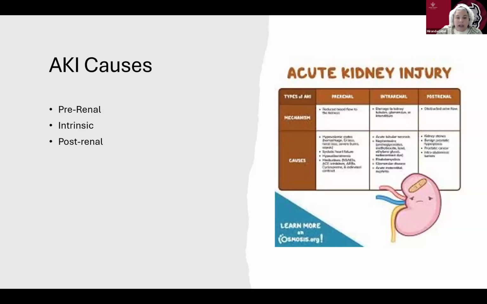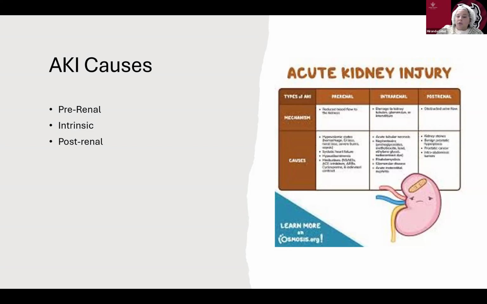So, with our causes, we have pre-renal, intrinsic, and post-renal. Pre-renal can be caused by factors that reduce blood flow to the kidneys. So, hypovolemia due to dehydration, hemorrhage, heart failure, sepsis, or renal artery stenosis. Then we have the intrinsic or the intrarenal. This is going to be direct damage to the kidney tissue.